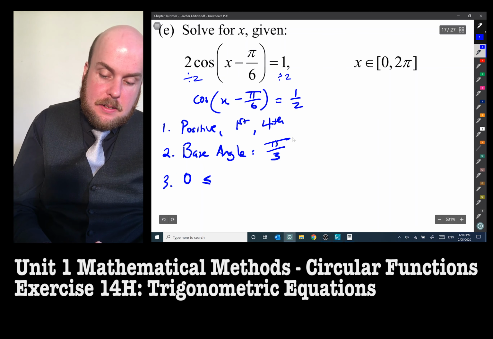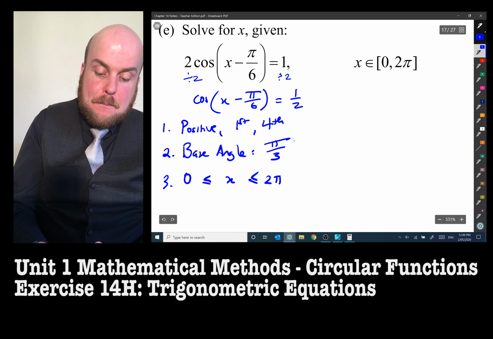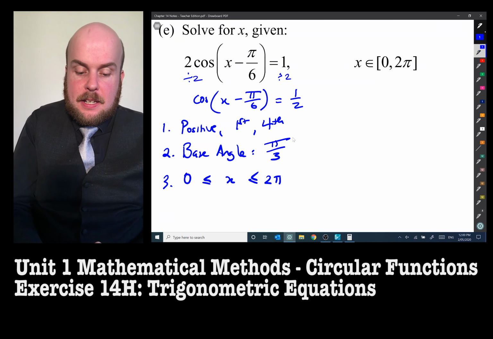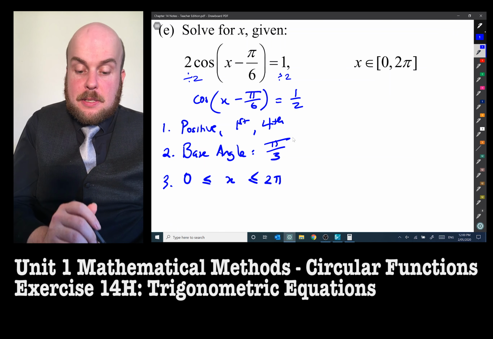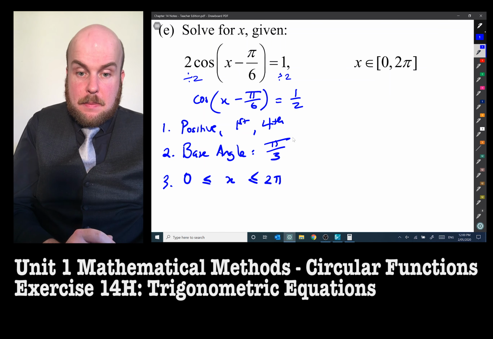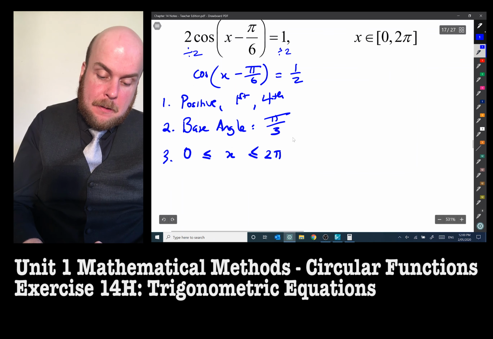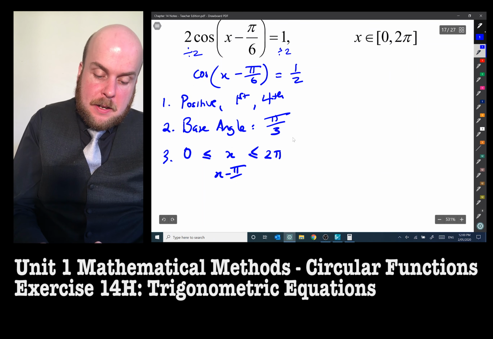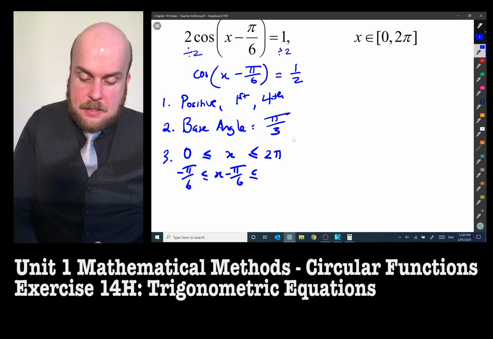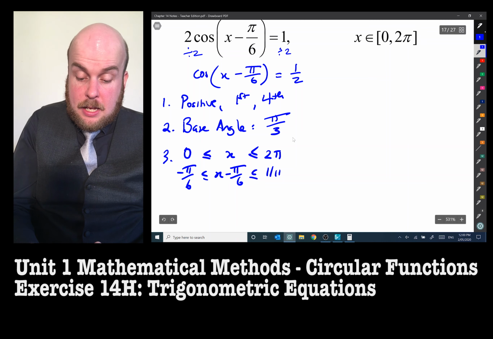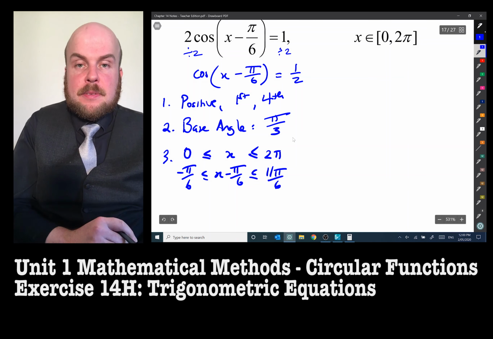So the domain is still 0 to 2 pi, but there is a little minus pi on 6 business that we need to worry about. So we're going to subtract pi on 6 from both domain ends. So this is going to become negative pi on 6 to 11 pi on 6.